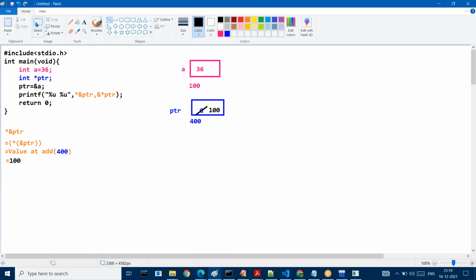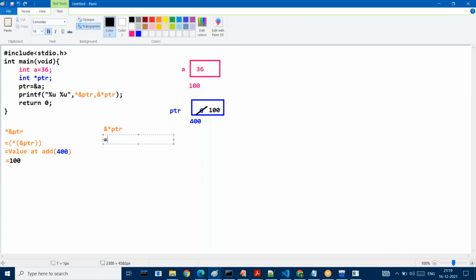Let's take the next one, sir. Star and ampersand and star. No problem. Again precedence is the same, then associativity. Let's bracketize the expression star ampersand star PTR. Do this part first and then this part, then this part.